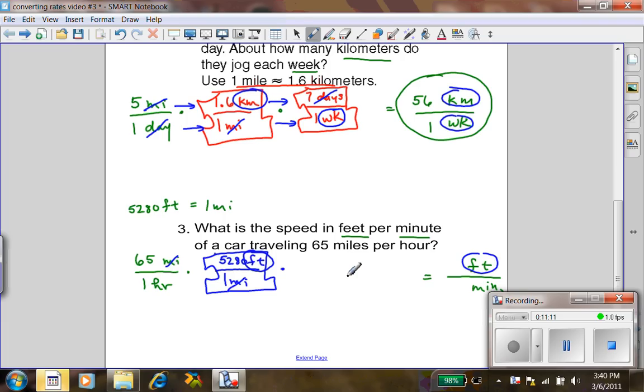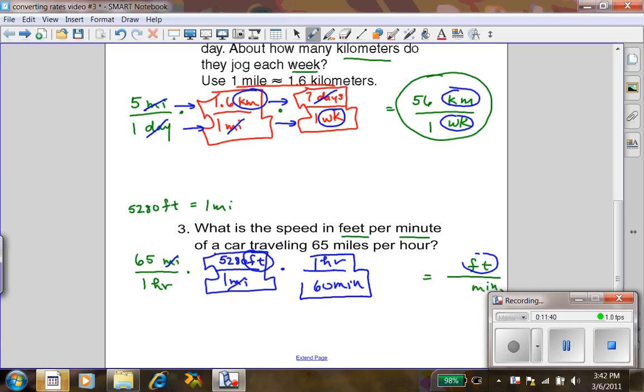Now, our next Mr. 1 needs to change hours to minutes. So go ahead and determine which conversion factor you need. What Mr. 1 you will use to get those hours to cross out. Pause me and then come on back. Okay, so the Mr. 1 that I used was 1 hour over 60 minutes.